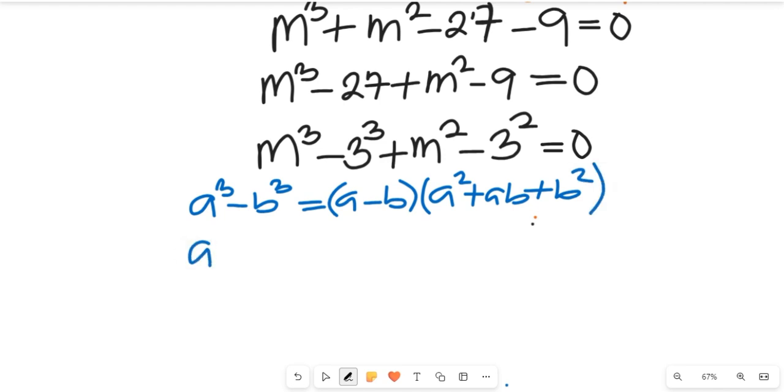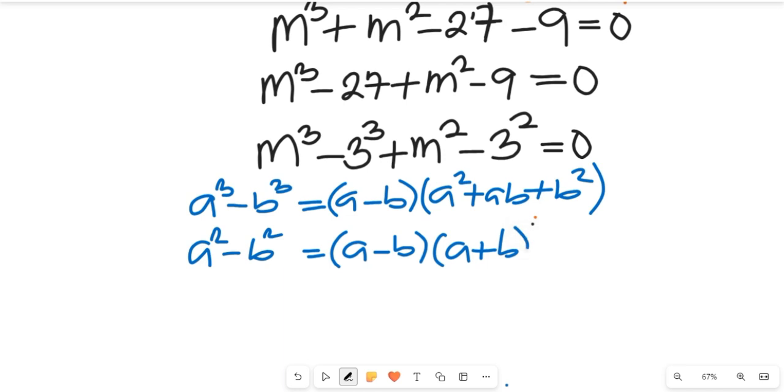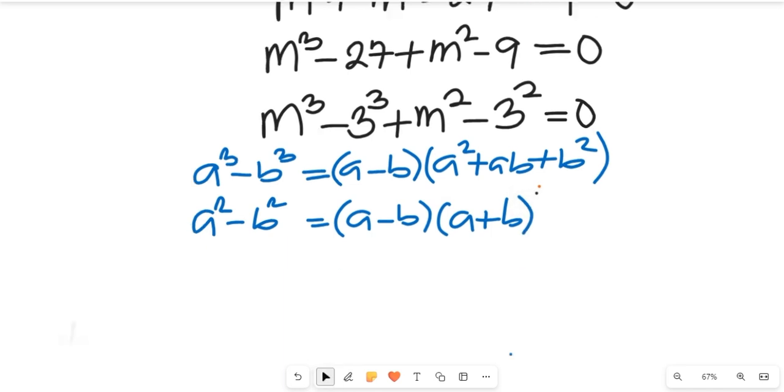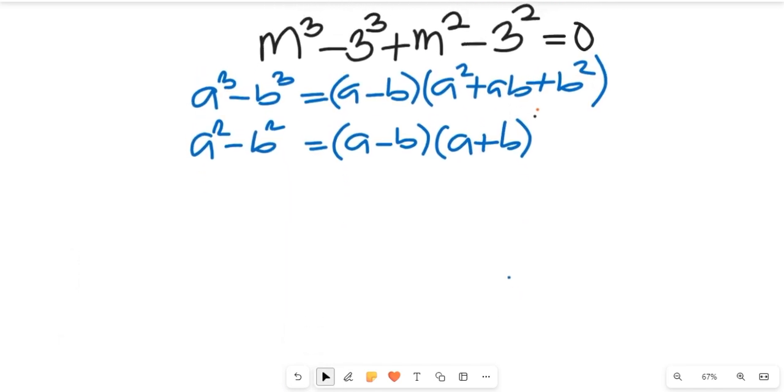And then if we have a squared minus b squared, this can be equal to a minus b, multiplied by a plus b. So we're going to apply these two algebraic formulas to that expression above.